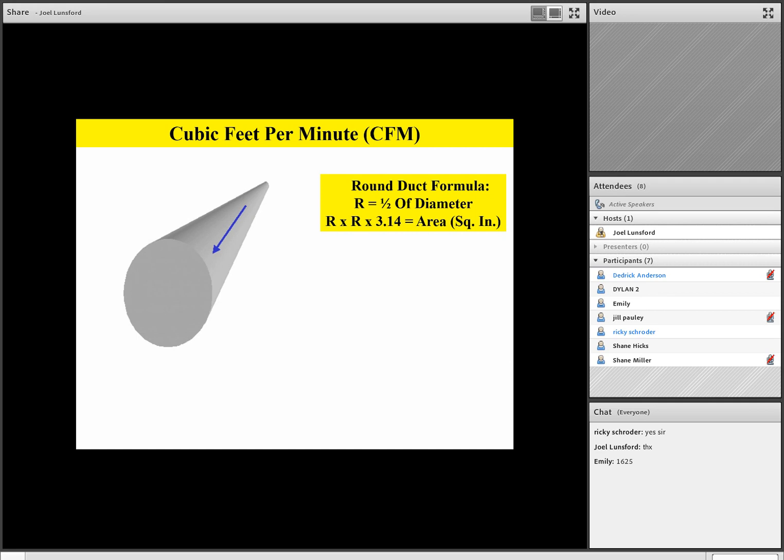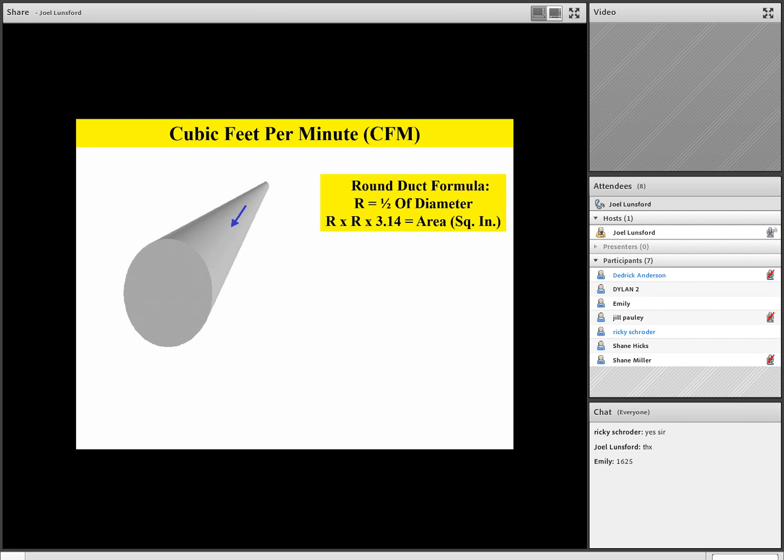We remember in our high school days and probably grade school days when we learned some basic geometry, we know that 1/2 the diameter of a round duct or circle is called the radius. So if we take the radius, which is 1/2 the diameter of the ductwork, and multiply the radius times itself times a mathematical constant for finding area, 3.14, also called pi, if you remember in your basic math days.